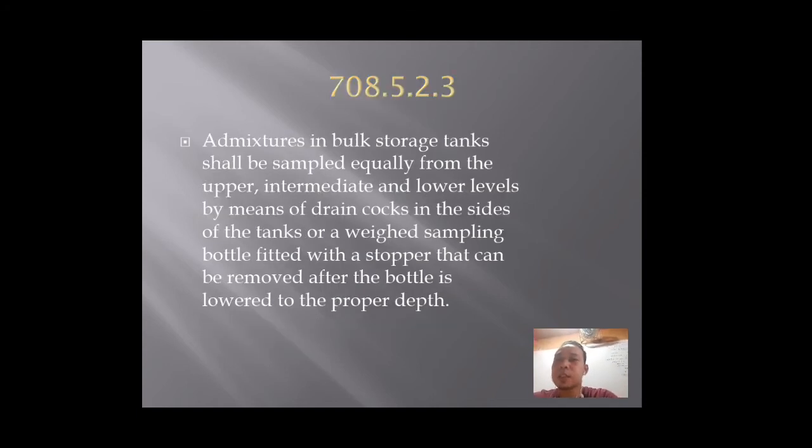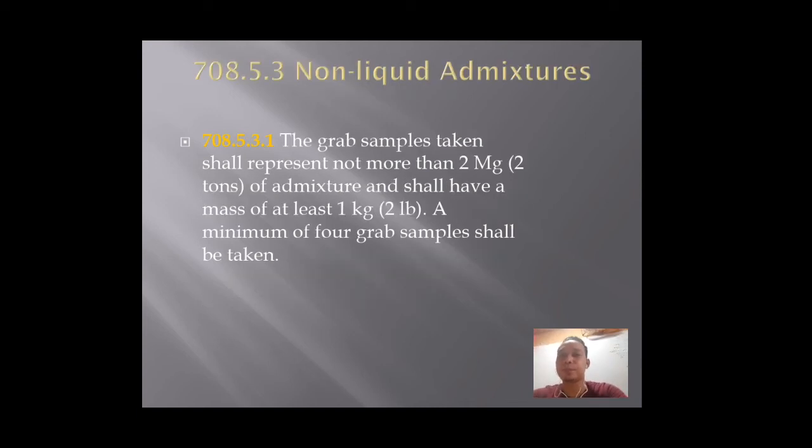The next is admixture in bulk storage tanks, which shall be sampled equally from the upper, intermediate, and lower levels by means of drain cocks in the sides of the tanks or a weighted sampling bottle fitted with a stopper that can be removed after the bottle is lowered to the proper depth.